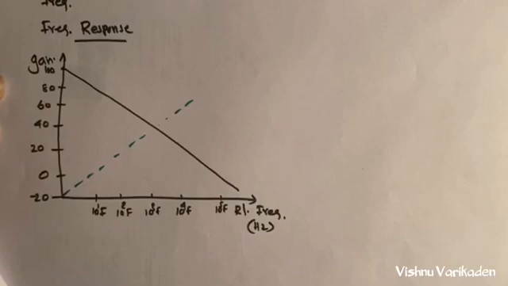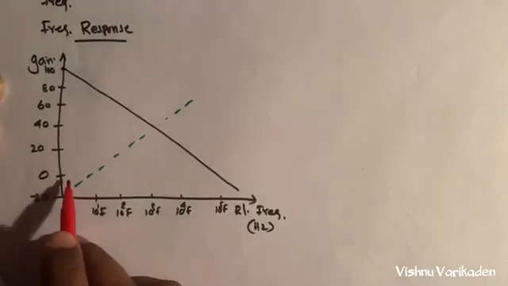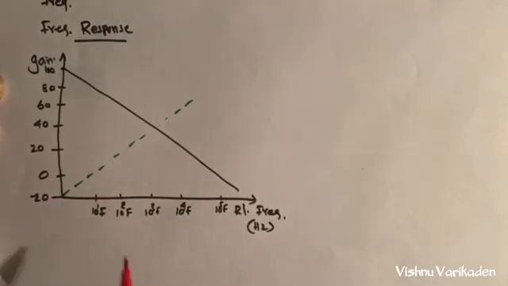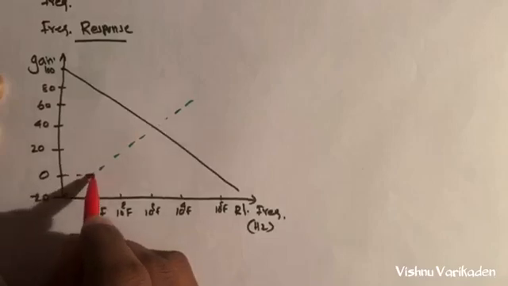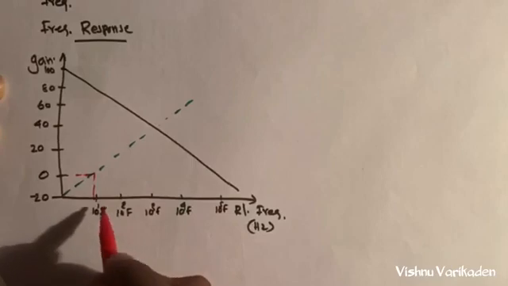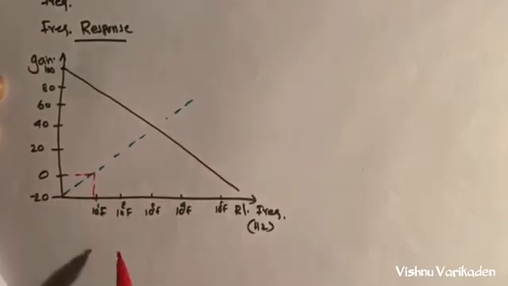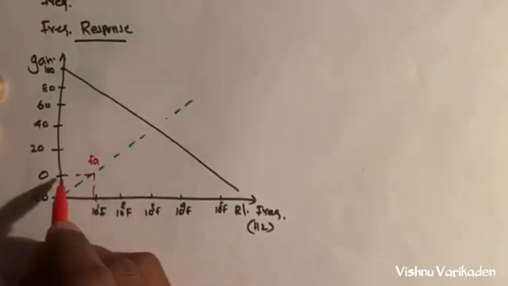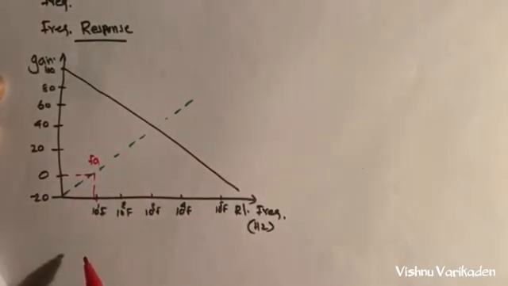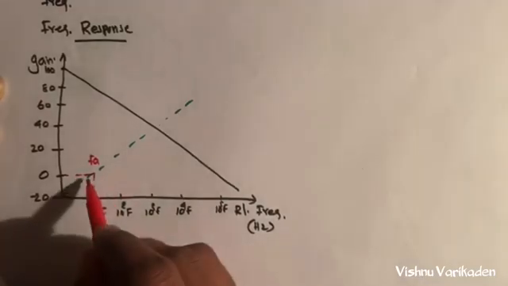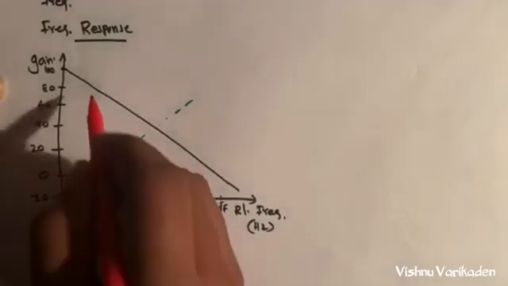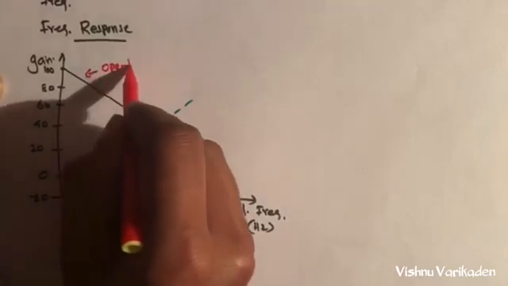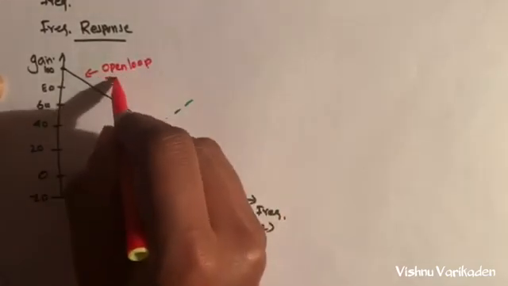Already I told you, when f is equal to fa, at 0 dB we can get the fa value, where the frequency f is equal to the frequency fa. The gain is going to be 0. So this is the ideal open loop response.